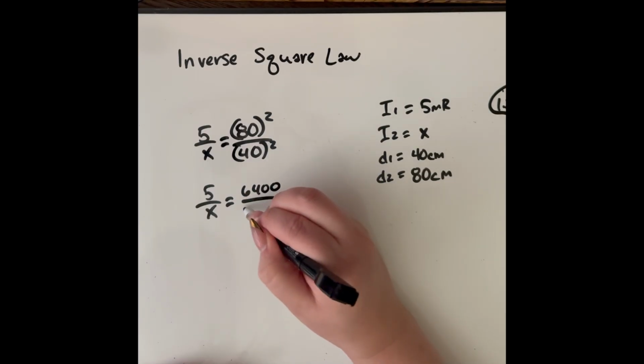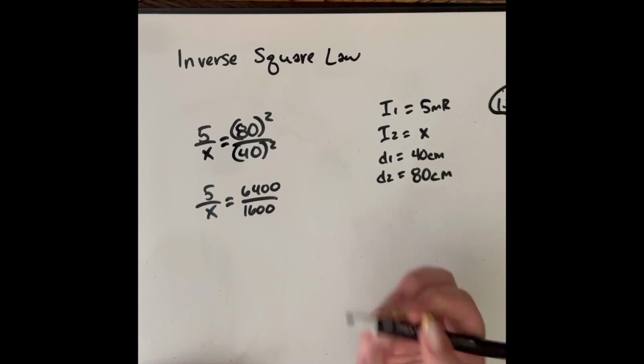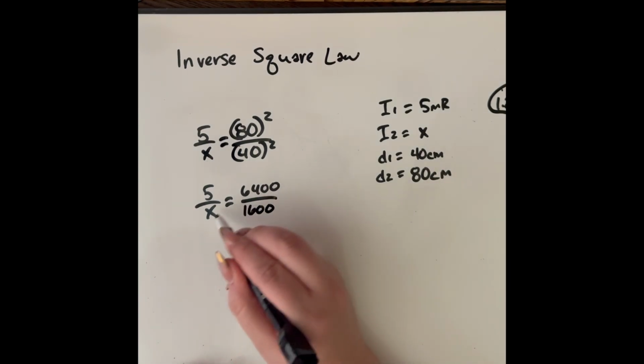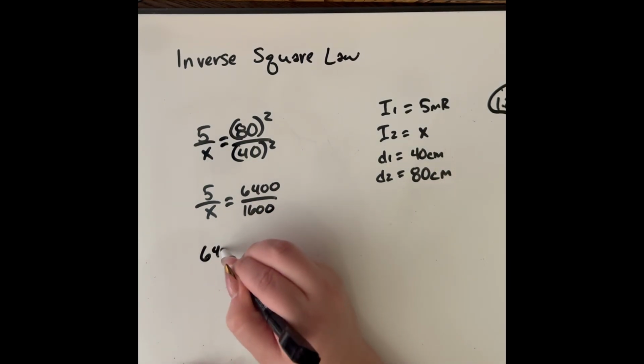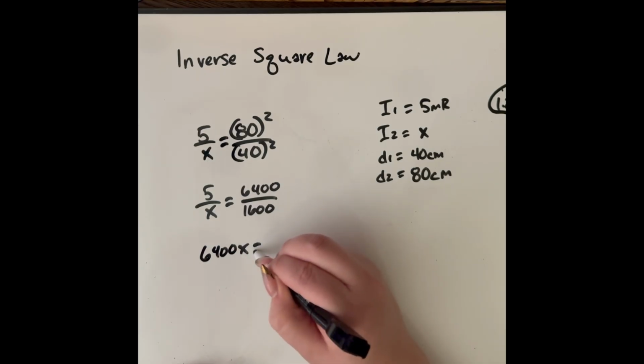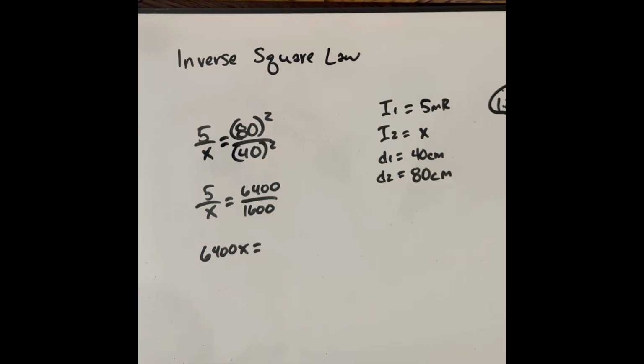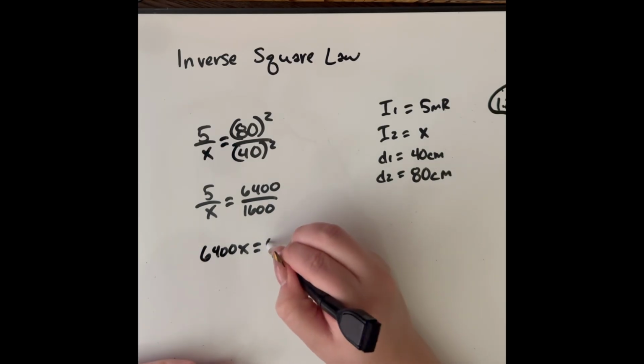I know 40 times 40 is 1,600, so we're going to end up with cross multiplying 6,400x equals, I think, 8,000 is what we said earlier. 5 times 1,600 is 8,000.